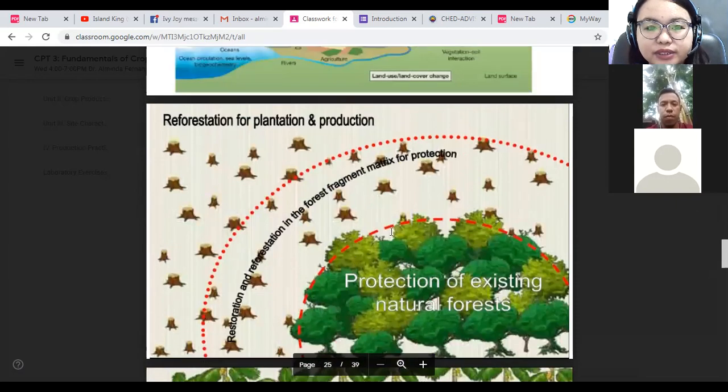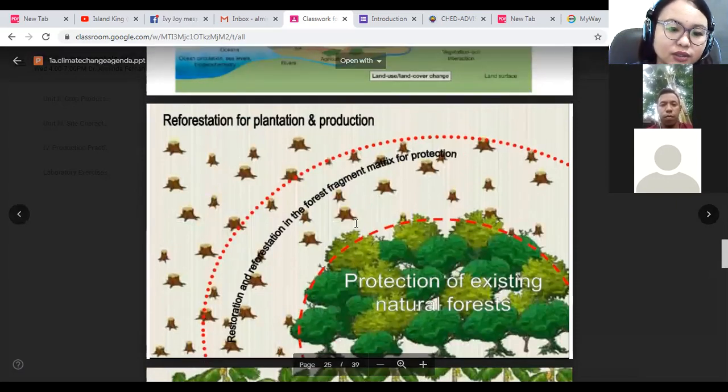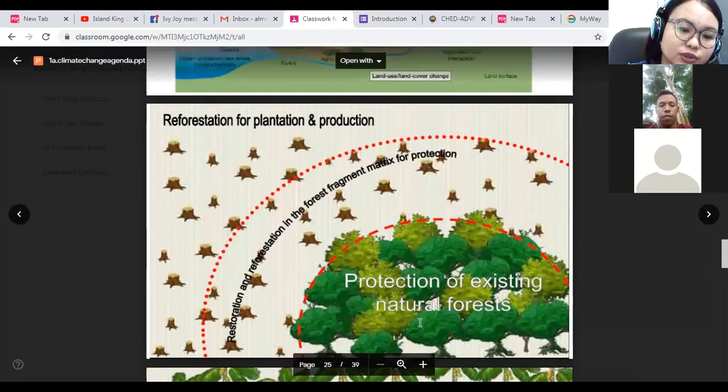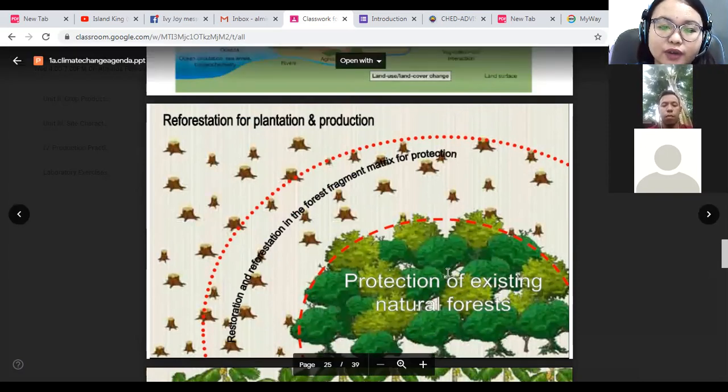And even reforestation for plantation and production is also one of the major areas that we need to restore to protect the natural forest.